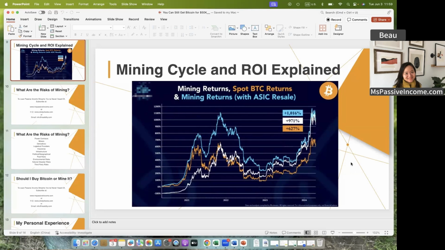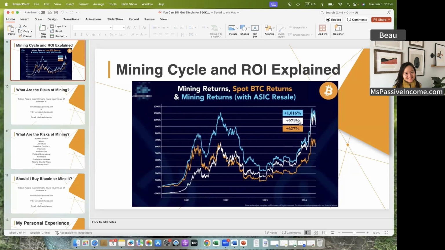I'm just looking at the graph, 25 years. That graph is actually just showing a 4-year cycle, so early 2020 to early 2024. Oh, 4 years. So that means you're doing about 120% return if you just buy Bitcoin.